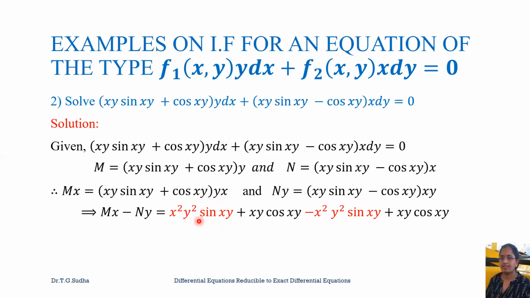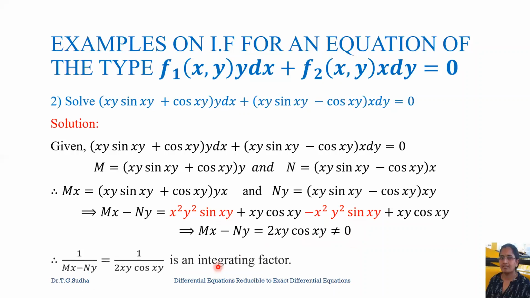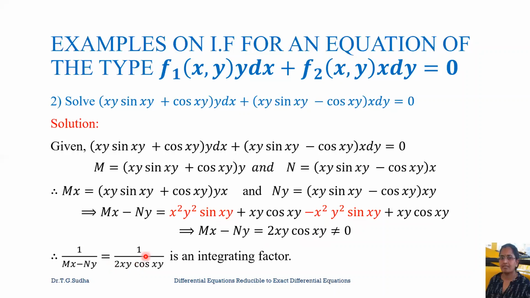Here we can see that this first term, that is x square y square sin xy, and the third term minus x square y square into sine of xy gets cancelled and it gives us 2 times xy cos xy, and this is not equal to 0. Therefore 1 over Mx minus Ny equal to 1 over 2xy into cos of xy is the integrating factor to the given differential equation.